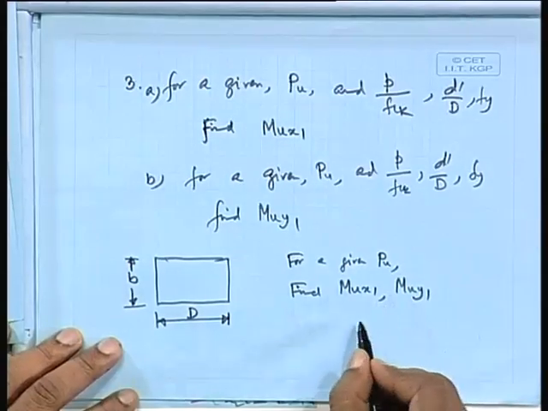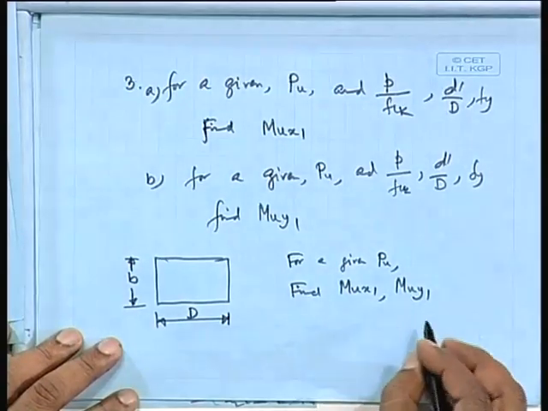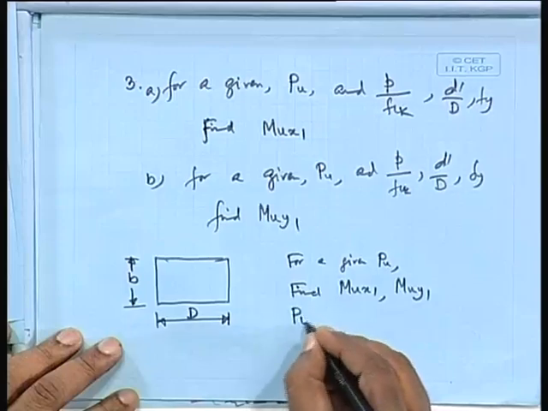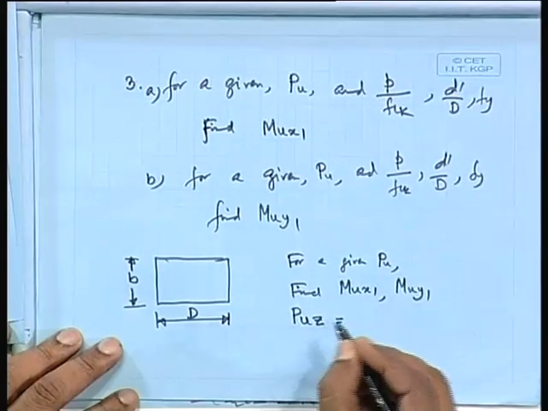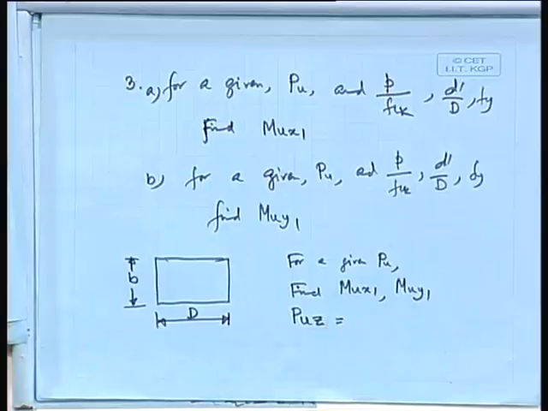Not only that, I can also find out Puz. What is Puz? Puz is the maximum axial load capacity of the column. For the section you have chosen, I can find the axial load capacity, that is your Puz.